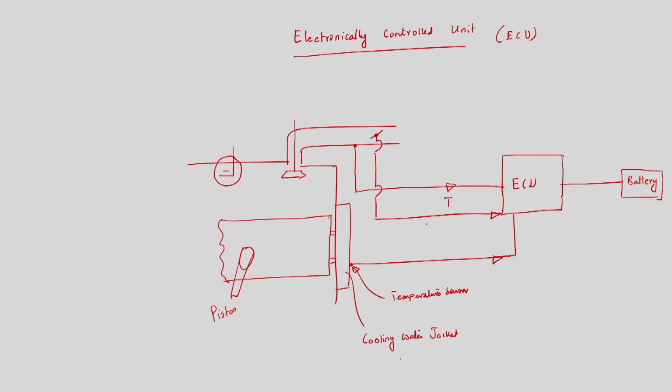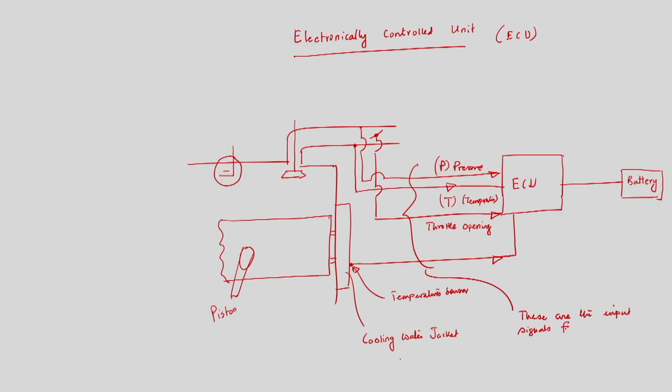So, this is the throttle opening, and finally we have the pressure P, this is temperature T, and these four are the input signals for the ECU, the electronic control unit.